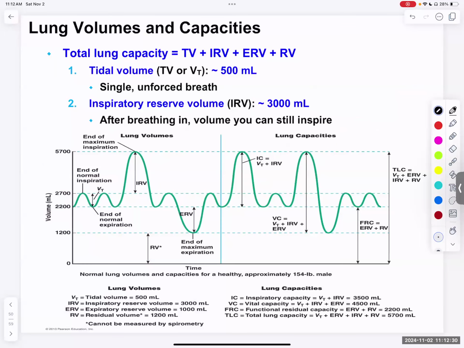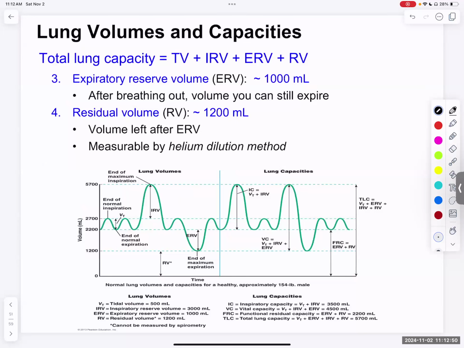So this is going through tidal volume, it's generally around 5 mLs per single unforced breath. If you're using your muscles to make your thoracic cavity as big as possible, this is roughly an average inspiratory reserve volume. It's the volume you can still inspire or bring in after a normal breath.